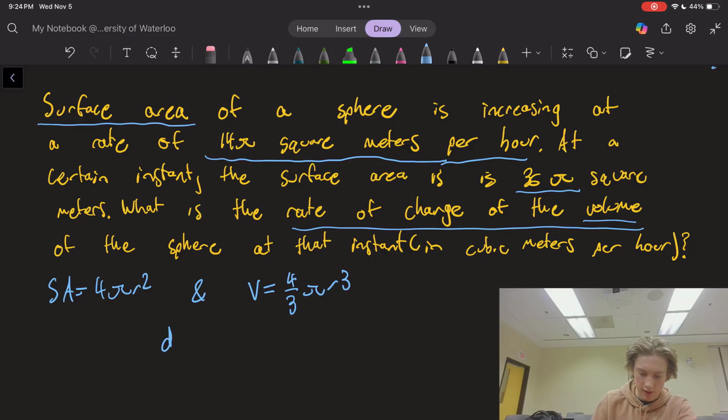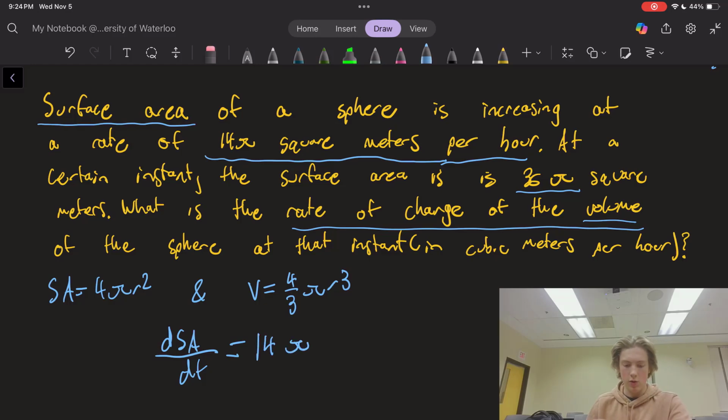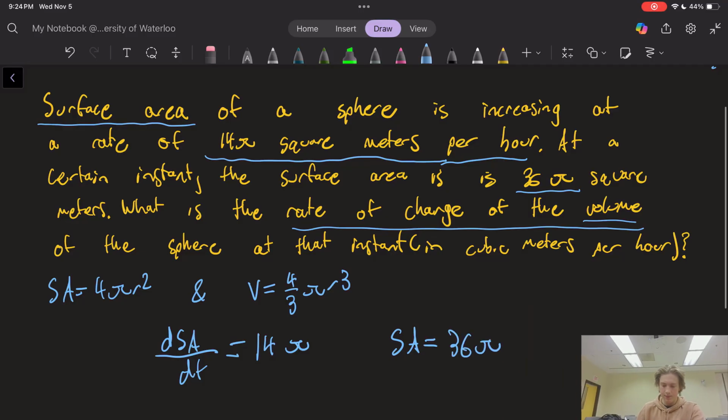We can translate this to dS over dt is equal to 14 pi square meters per hour. At a certain instance, the surface area is 36 pi square meters. So we can translate this to be the surface area is equal to 36 pi.